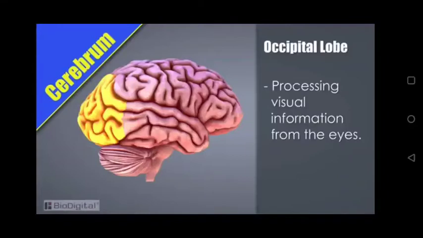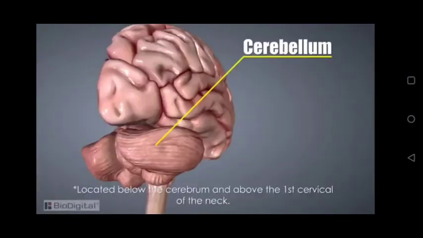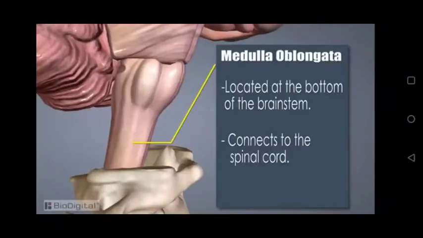from the eyes. The second section of the brain is the cerebellum. This section is located in the back of the head, below the cerebrum and above the first cervical of the spine. It is responsible for muscle coordination, balance, posture, and muscle tone. The last section is the medulla oblongata.